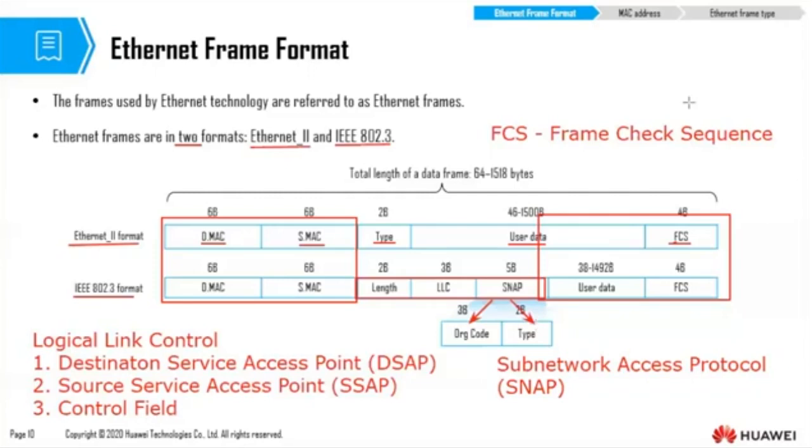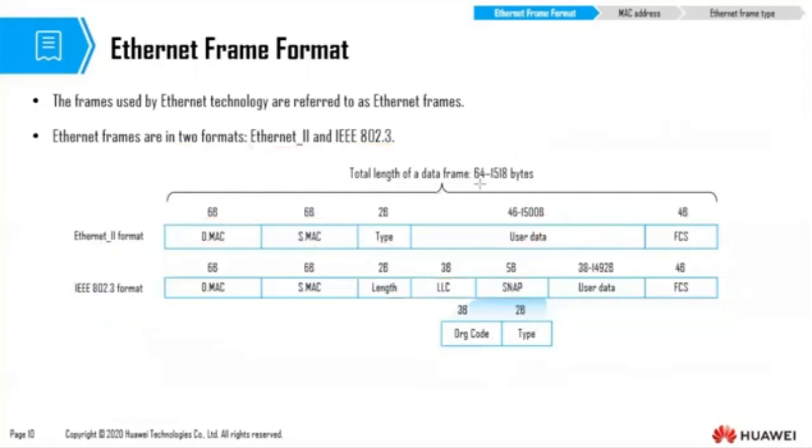Now, normally these frames will have a size of between 64 bytes minimum to a maximum of 1518 bytes. And there's a reason why we have a minimum size. You don't want the size of the frame to be so small, specifically because of how CSMA/CD works.